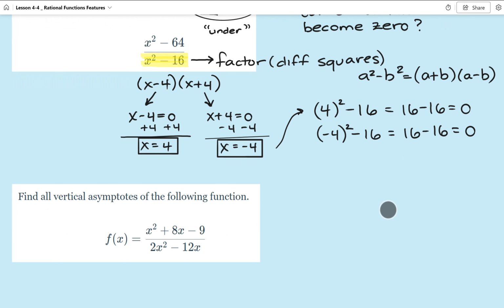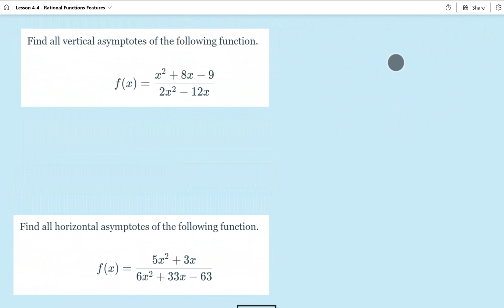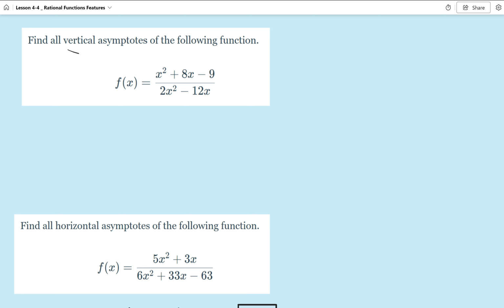Example number 2. So in example number 2, we are asked to find vertical asymptotes. So vertical asymptotes are similar in process to finding undefined values. So here's what I need you to ask yourself.